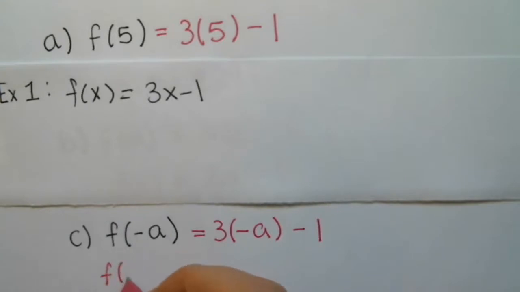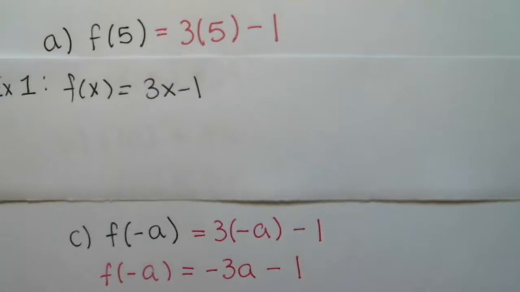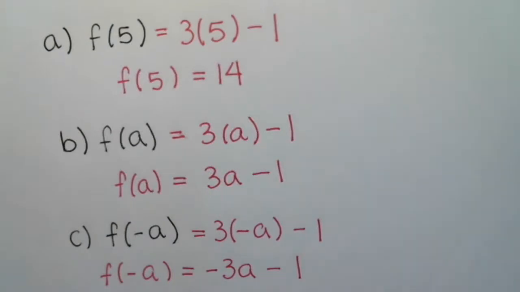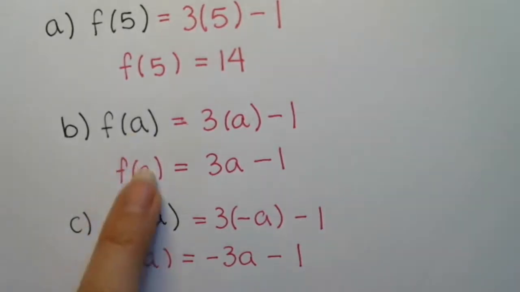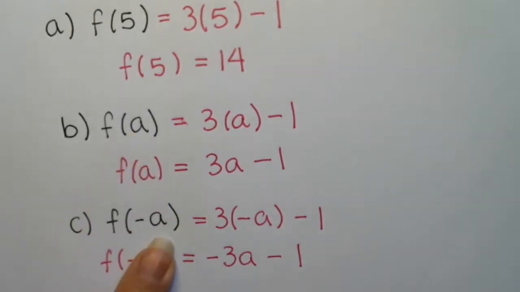So this gives us 3 times negative a, which we write as negative 3a, minus 1. And again, we can't combine these two terms because they're not like terms. So you guys can see for B and C that there's not really a whole lot to do. You're kind of just showing that you understand what you're meant to do with the function notation and then rewriting it how we normally write our polynomials.